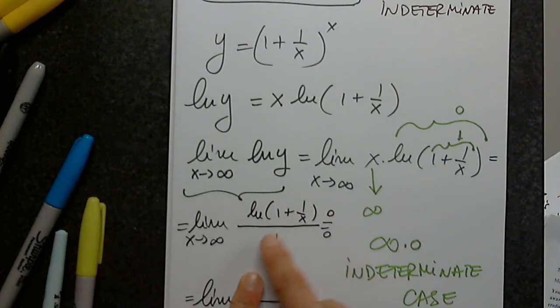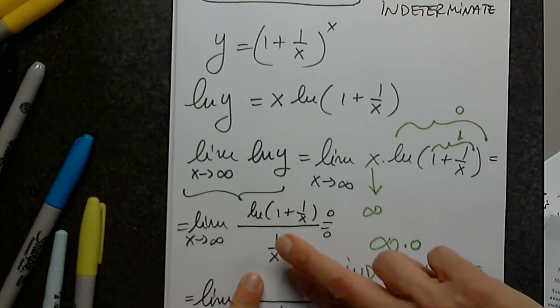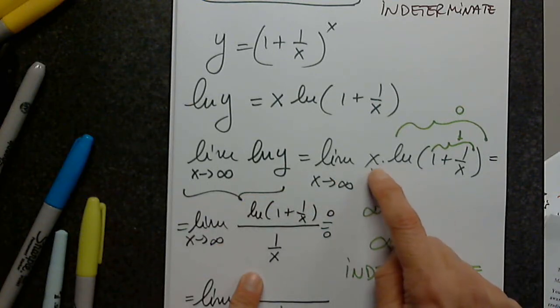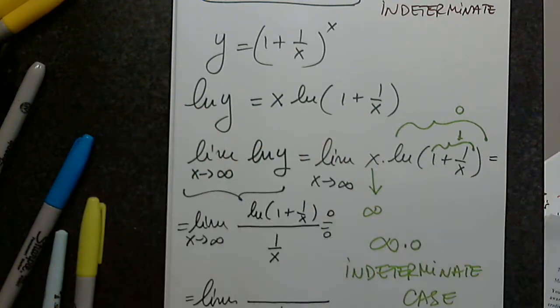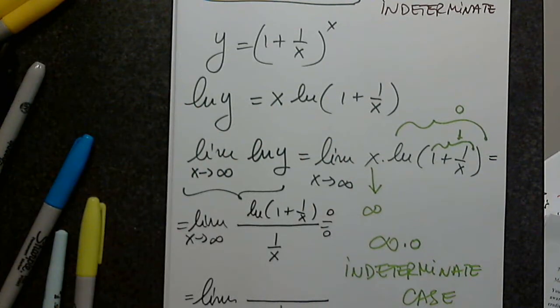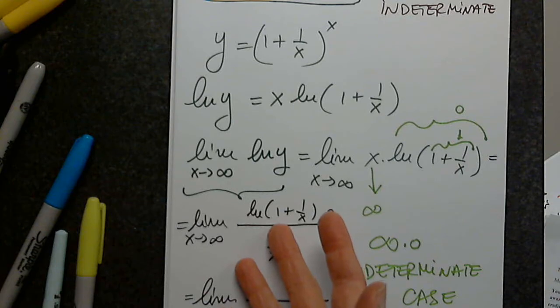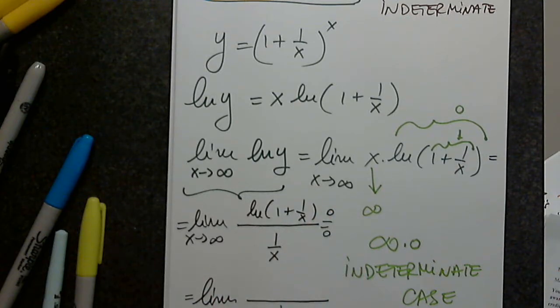So the numerator divided by the denominator means that I have to multiply it by x. I just changed it into 1 over x in the denominator, because I need this to be a ratio. Why do I need it to be a ratio? Because I need 0 over 0 or infinity over infinity. Otherwise, my hands are tied.